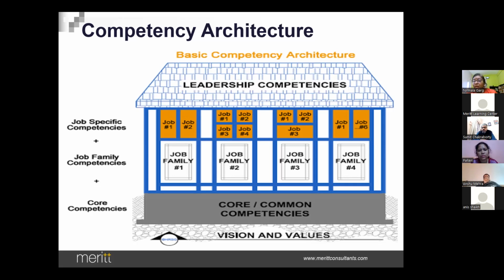When you're going to build a house, you go to an architect to design and plan it. You won't start making the foundation and building the walls without a plan. So before you do competency mapping and a competency dictionary, you have to understand your competency architecture.